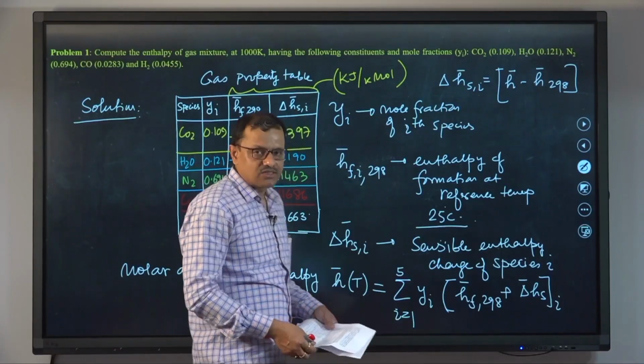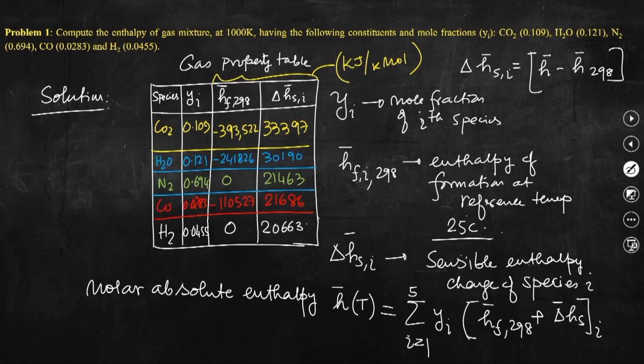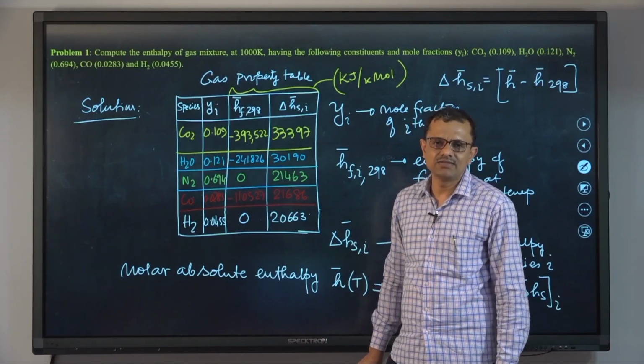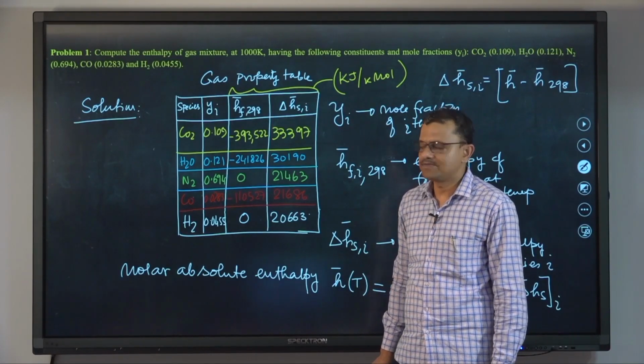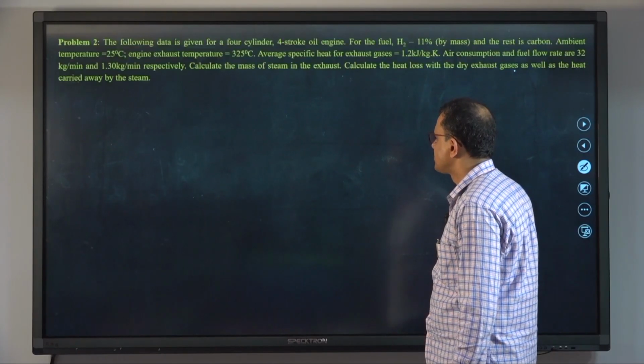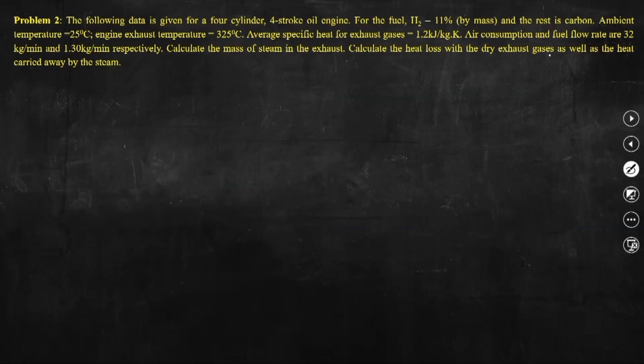So, now let us solve one numerical problem. Second problem, just to illustrate the first method we have discussed in today's class. Let me read the problem statement first. The following data is given for a 4-cylinder 4-stroke oil engine.